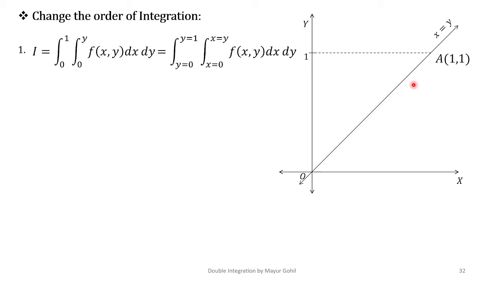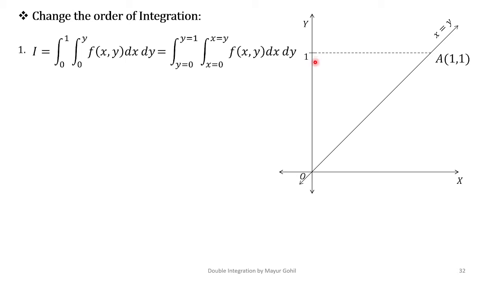Now comes the very important and crucial part: which region should be shaded? Should we shade the triangular region, or the region below the line x equals y, or the region above the line y equals 1, or which one? Let us understand how it is done.